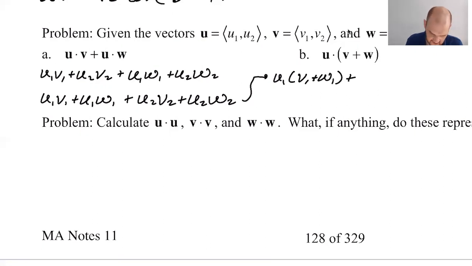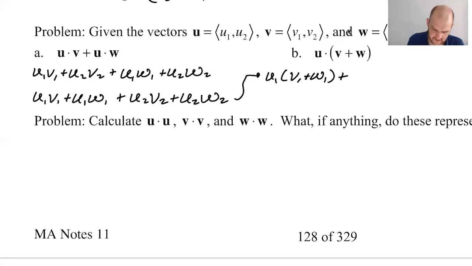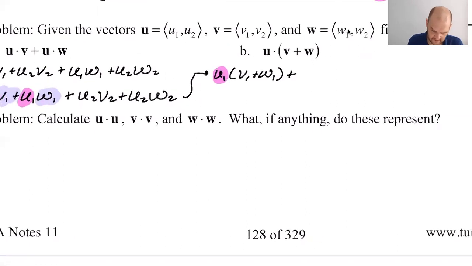And then from the second set, what I basically did there is I took out u1, and that left me with v1 plus w1. And now I'm going to take out, I guess, this. I want to be good at using colors. If I take out u2, I'll have v2 plus w2.